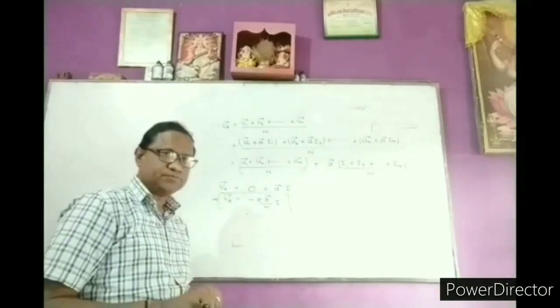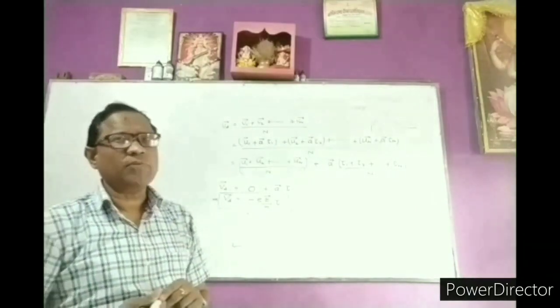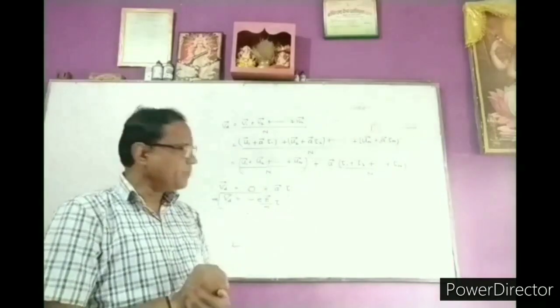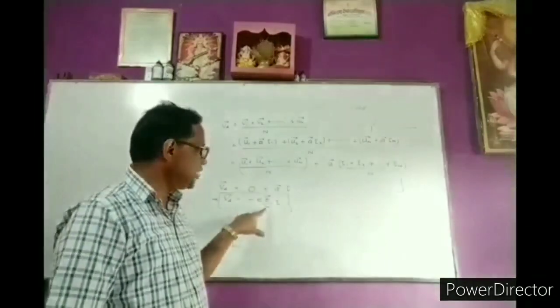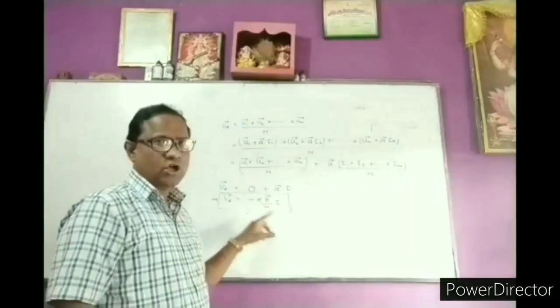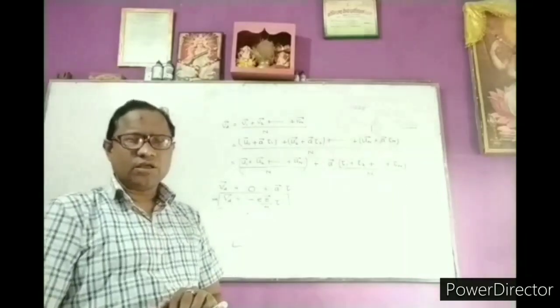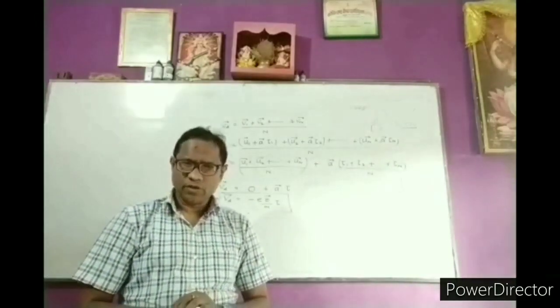In all expressions, a will be the same because there is no variable current. eE by m means charge on electron constant, electric field constant, mass of electron constant. So there is no change in the acceleration of electrons. Clear?